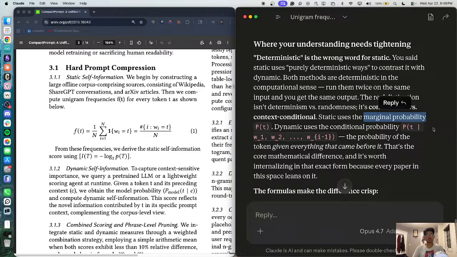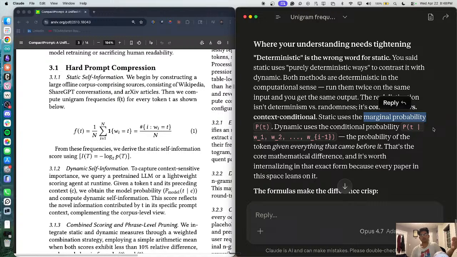So essentially, at a high level, just trying to digest what we've done so far. Self-information is what is used by hard prompt compression to actually figure out what tokens should be removed.